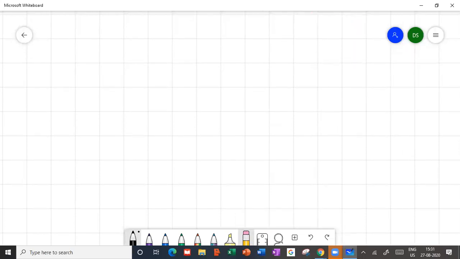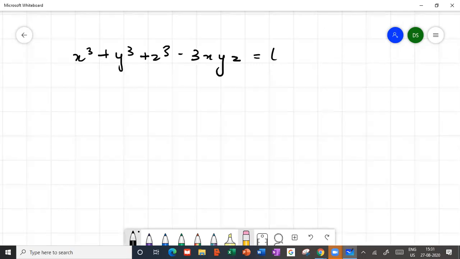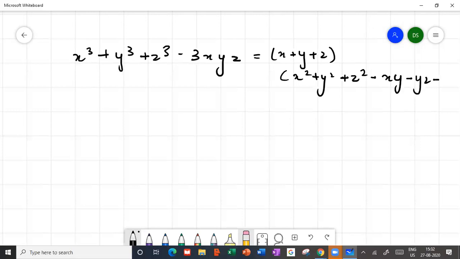So this is the identity: x cube plus y cube plus z cube minus 3xyz is x plus y plus z into x square plus y square plus z square minus xy minus yz minus zx.